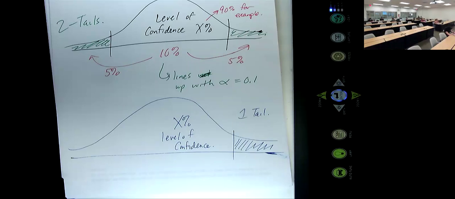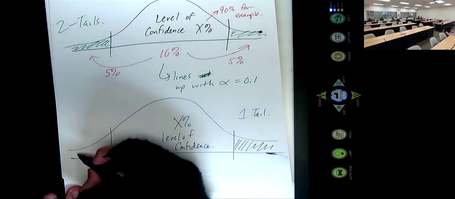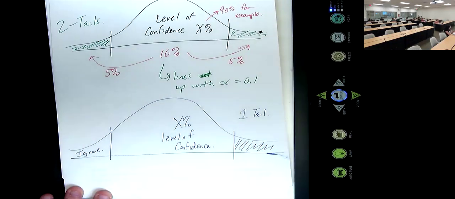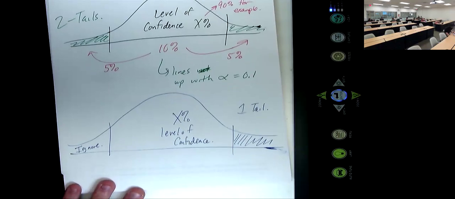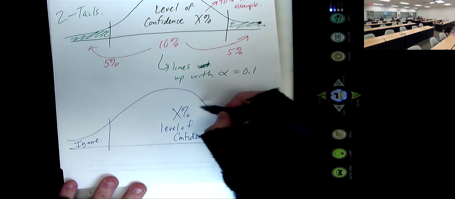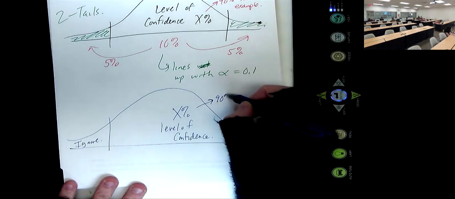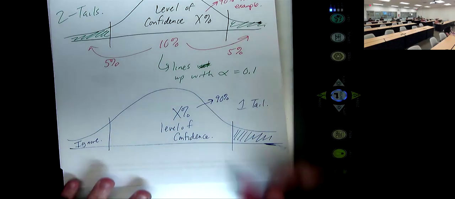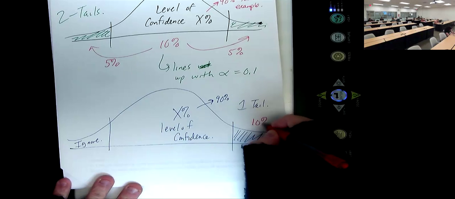Oftentimes, the way it's checking stuff is it treats it like this over here, we kind of ignore this, but this includes it. If this is 90%, our level of confidence is saying this is 10% here.